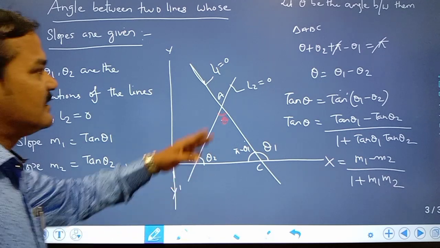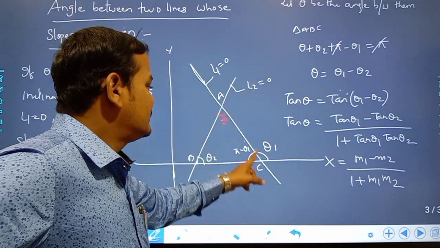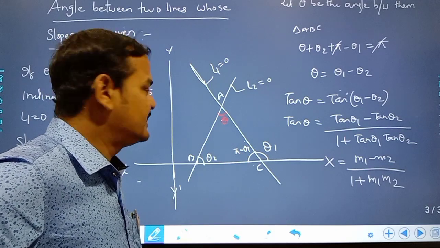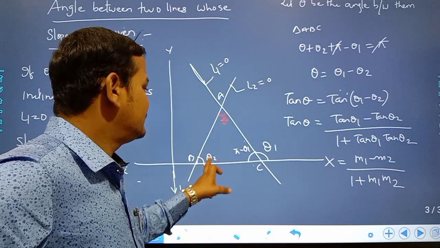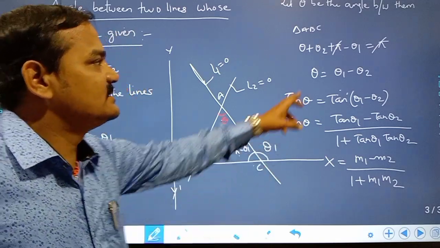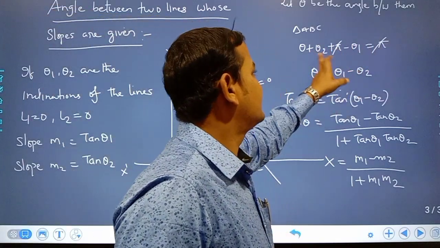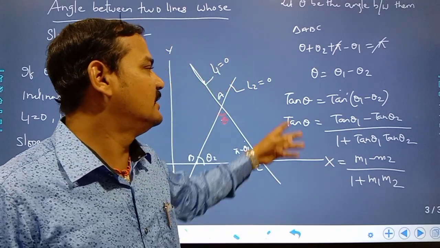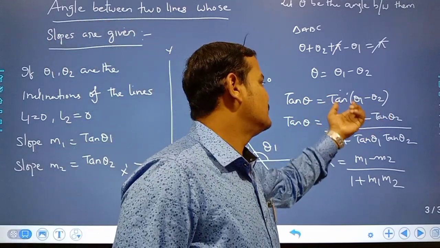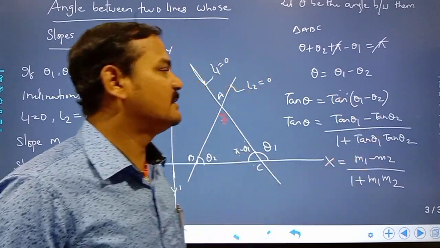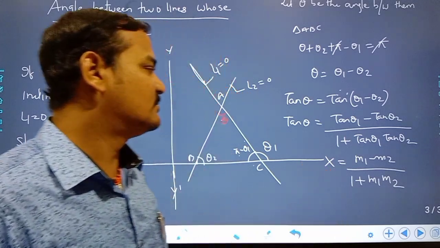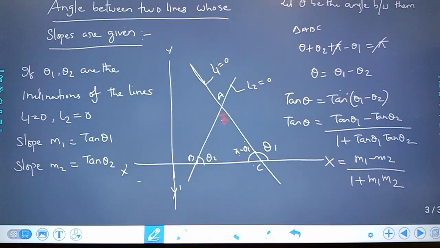In the triangle, the sum of the angles is always 180 degrees. So theta plus theta 2 plus pi minus theta 1 is equal to 180. Pi cancels, theta is equal to theta 1 minus theta 2. Take the tangent on both sides. Tan theta is equal to tan of theta 1 minus theta 2. Using the tan A minus B formula, tan A minus tan B by 1 plus tan A tan B, tan theta is equal to M1 minus M2 by 1 plus M1 M2.